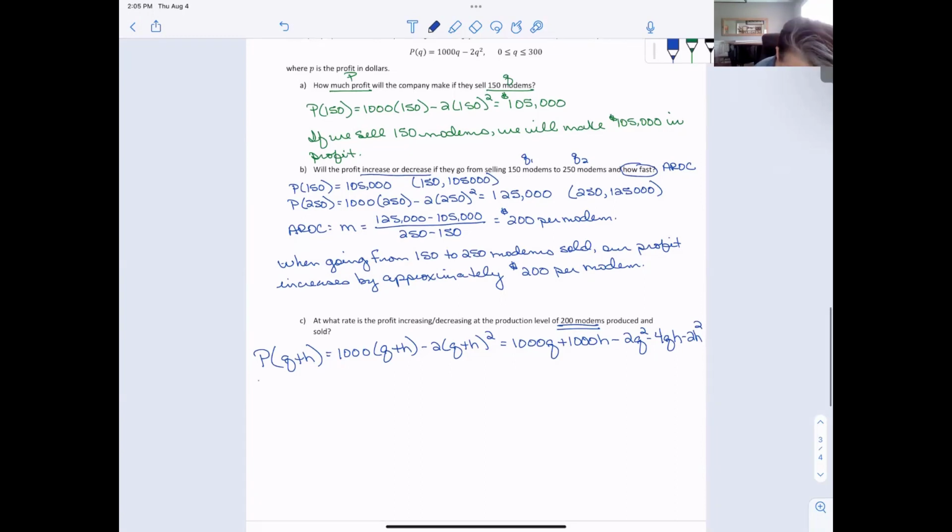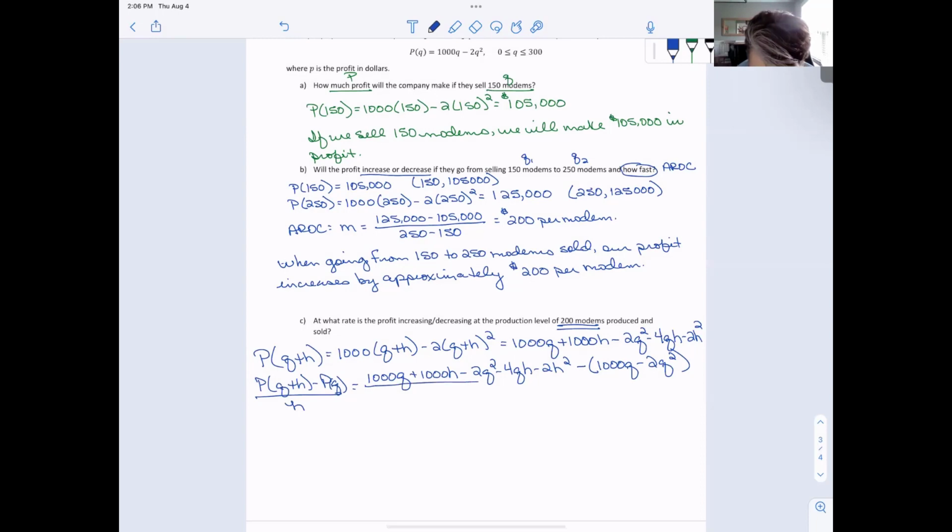And then we're going to write our difference quotient. Don't forget to distribute the negative there at the end. That becomes -1,000Q, and that becomes a positive 2Q squared. So we can take the limit.